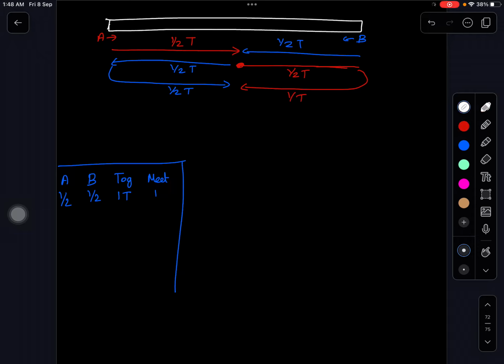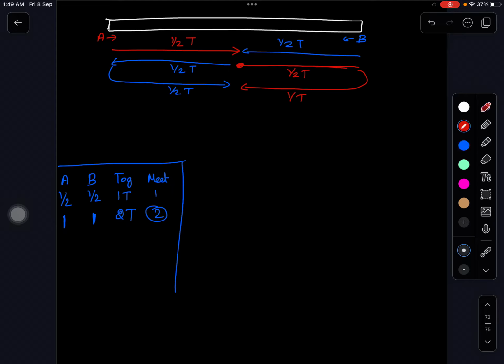So together, if you see, A has covered half plus half, one track length. B has covered half plus half, one track length. So only now the second meeting is happening. Or in other words, for the second meet to happen, A has to cover one track length, B has to cover one track length, and together they will have to cover two track lengths for the second meeting to happen.